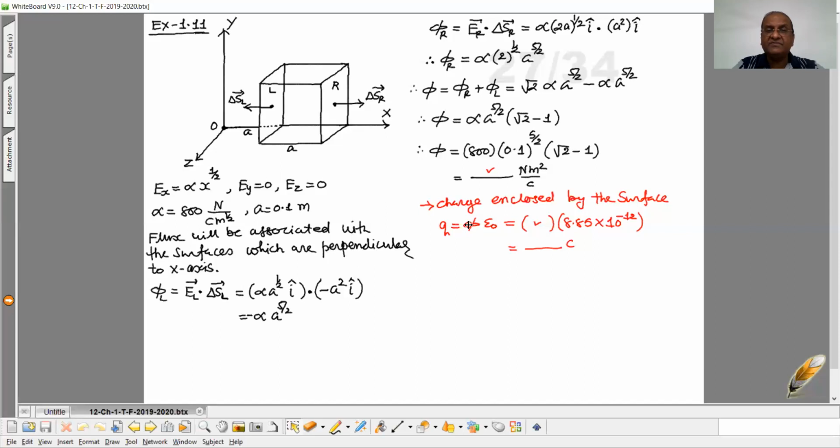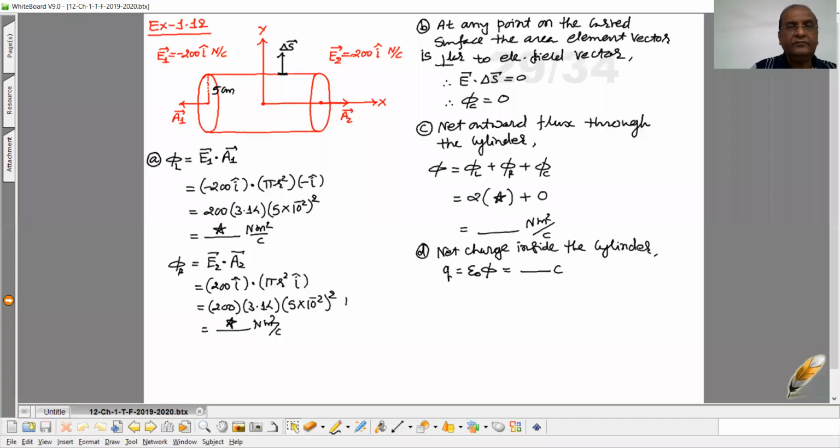So q is phi into epsilon 0. Substitute the value of phi which we calculated here, and epsilon 0, that is 8.85 into 10 raised to minus 12. Solve this one. So we will get the net charge enclosed by this particular surface. Clear to all of you?